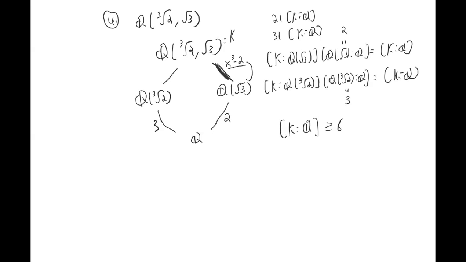We only know by Eisenstein that x cubed minus 2 is irreducible over Q. But in that case, I know that this thing is smaller than or equal to 3. If it was irreducible over Q adjoin root 3, then it's 3. If it was reducible, then it's smaller, right? Does everyone agree with that?